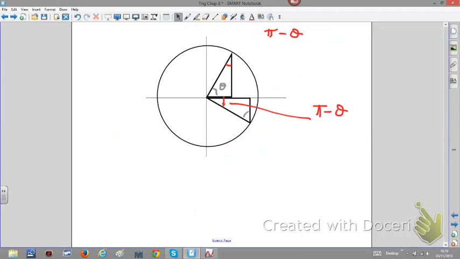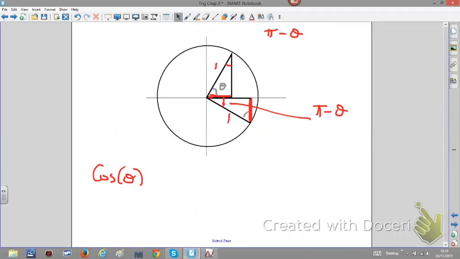Now let's have a look at the relationship between the sine and the cos here. So having a look at theta first of all, and the first triangle here, the cos value, so let's assume it's a radius of 1. So the cos value for theta, so cos of theta, must be the same as this value here.